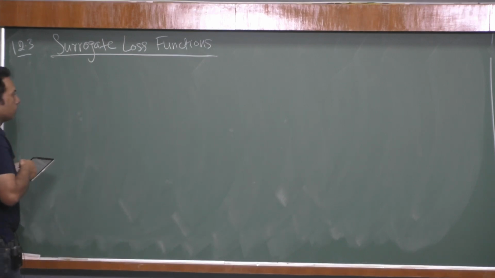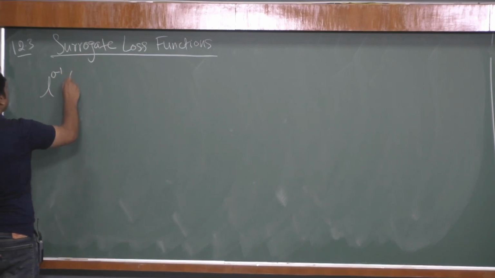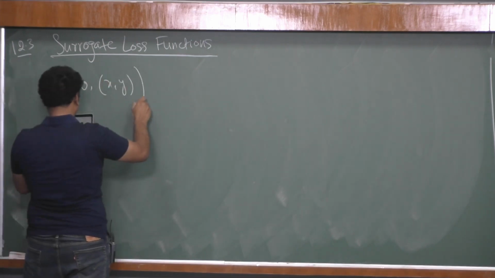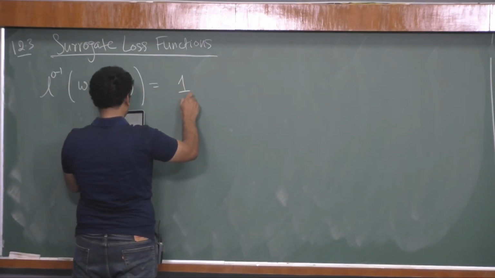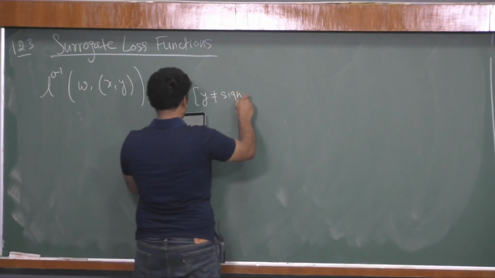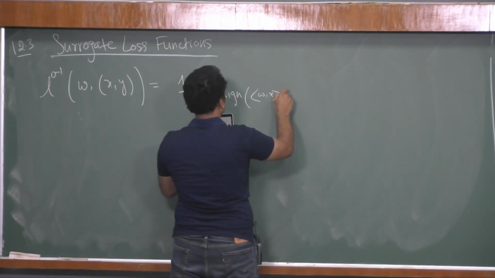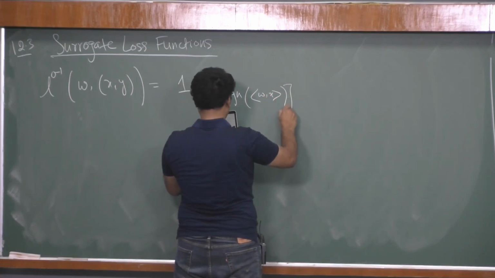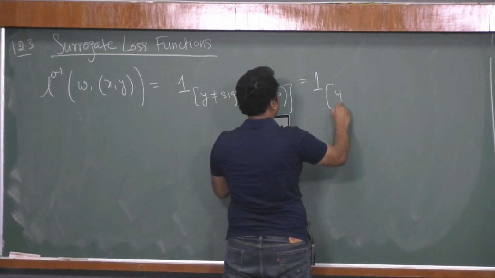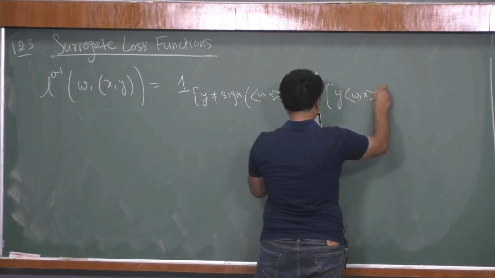In the linear predictor problem, we recall the 0-1 loss, that was the loss of W on (x, y), which is 1 if y is not equal to sign of Wx, and 0 otherwise. So this was equivalent to this, right?